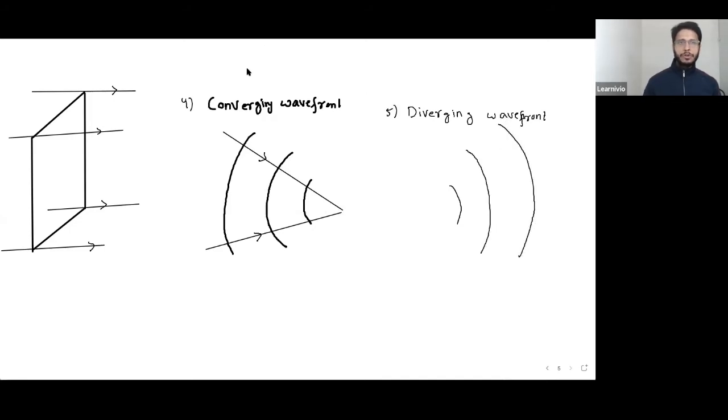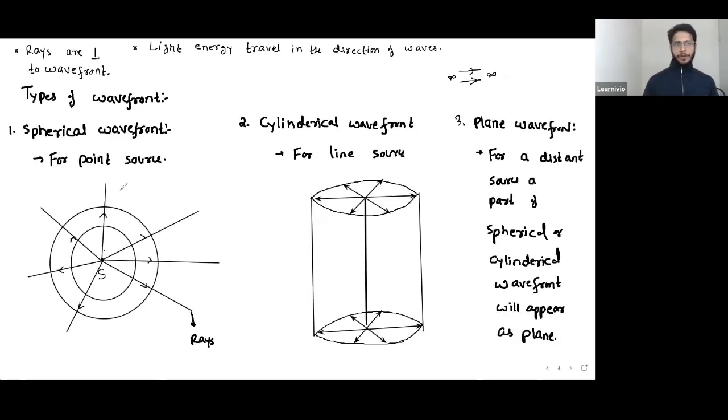If I draw normals to these wavefronts in the forward direction, it is very clear that all these rays are diverging. So these are 5 types of wavefront that one should know: spherical wavefront for a point source, cylindrical wavefront for a line source, plane wavefront for a distant source, and then diverging and converging wavefronts.